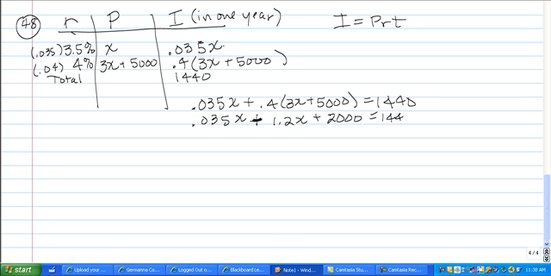Equals 1,440. So 0.12 plus our point, that should be a 0.04. Okay, so that's going to be 0.04.